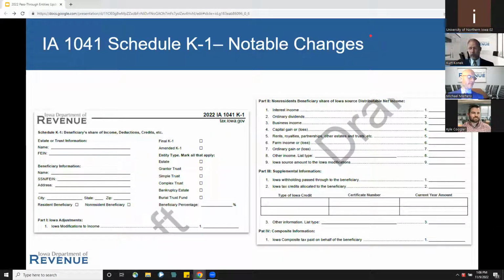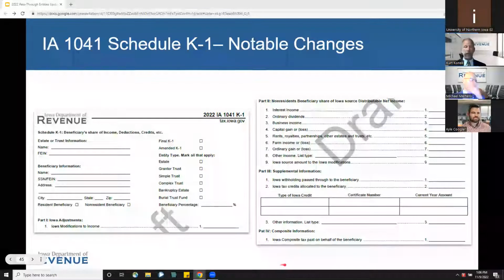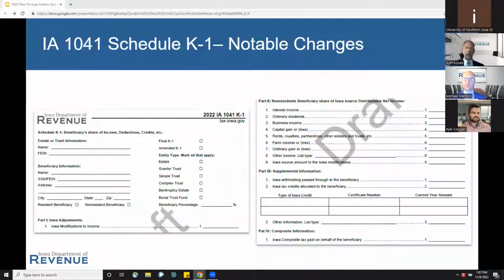When somebody prepares an Iowa 1041 form, or if they're a beneficiary of a trust or estate and they receive a federal K1, they're going to report all that income on the Iowa 1040, and then part one just reports that beneficiary's share of the Iowa modifications. So there's going to be an adjustment on line 14 or line 24, which we hope is easy for the individuals and the tax preparers by just making one adjustment.